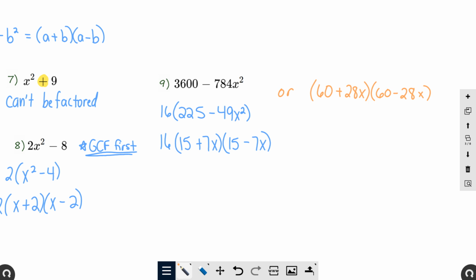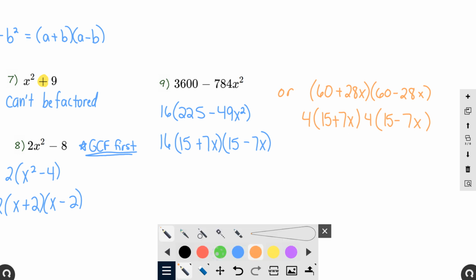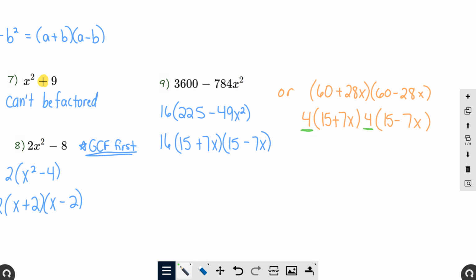So if you write this as a final answer, it's not quite done because each of those parentheses has a GCF, and we could take a GCF out. So in this parenthesis we would have to take out a 4, and in this parenthesis we would also take out a 4. Well, 60 divided by 4 is 15. 28 divided by 4 is 7. So in both cases, we get our 15 and our 7, but we have this 4 and this 4.